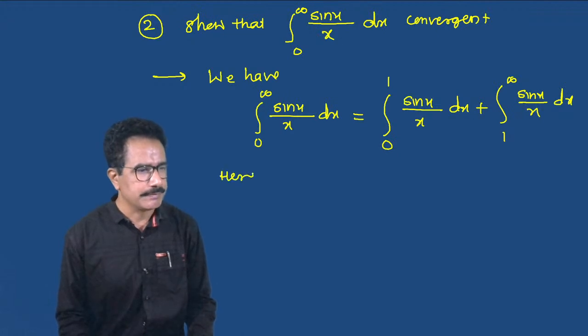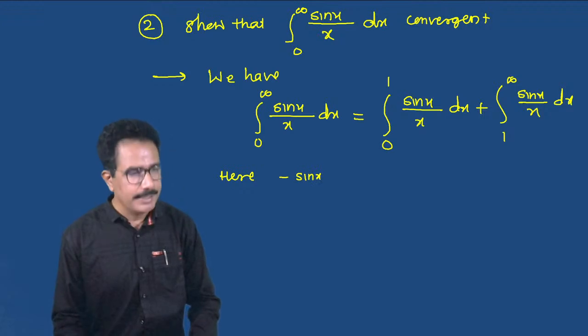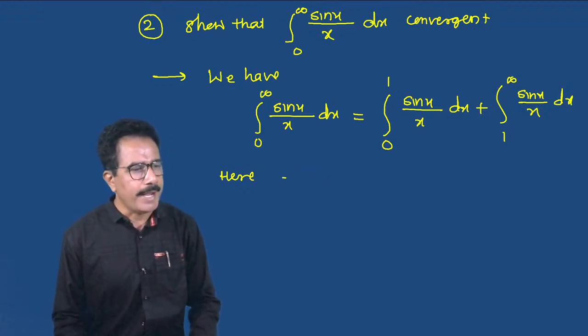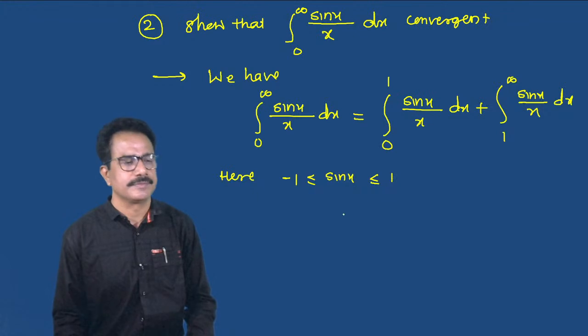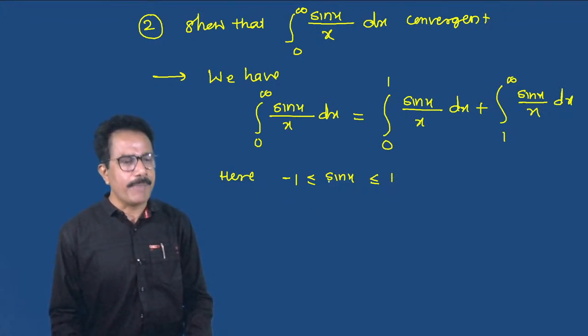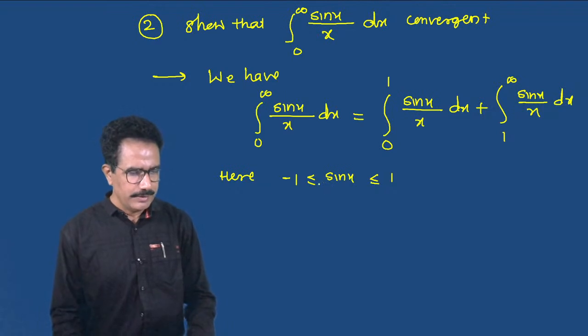Here, minus 1 is less than or equals to sin x is less than or equals to 1. Okay. So it is bounded.